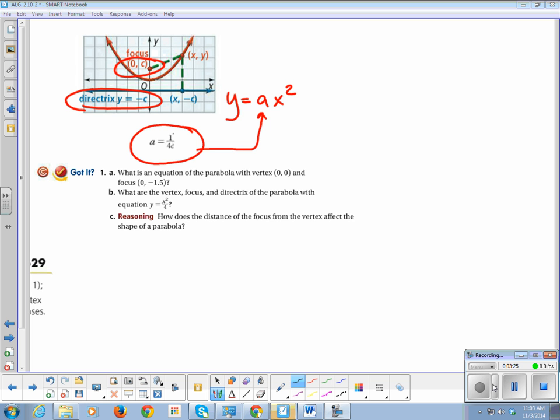So it says, what is the equation of a parabola with a vertex at 0, 0 and the focus at 0, -1.5? Let's just draw the picture.